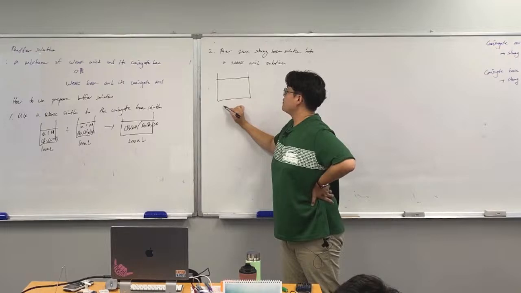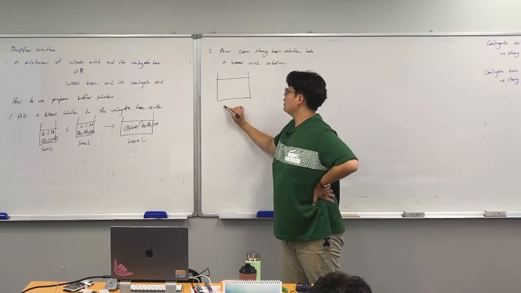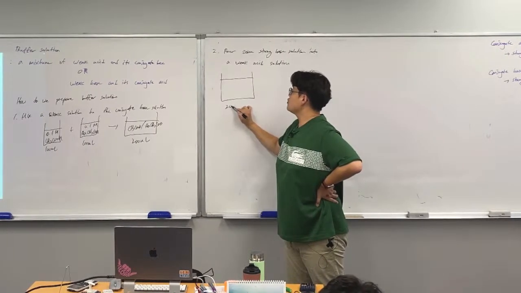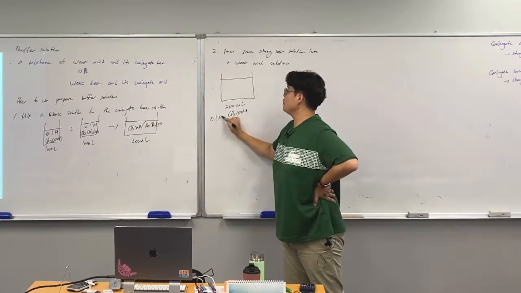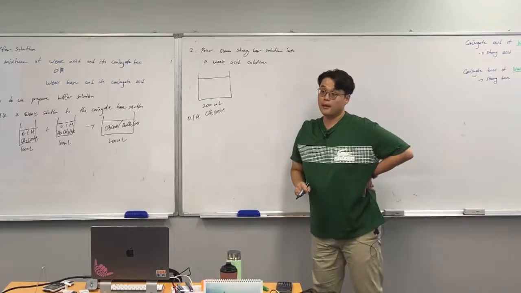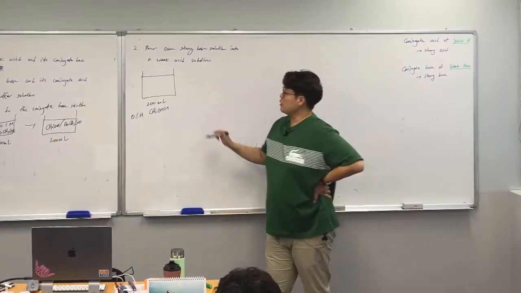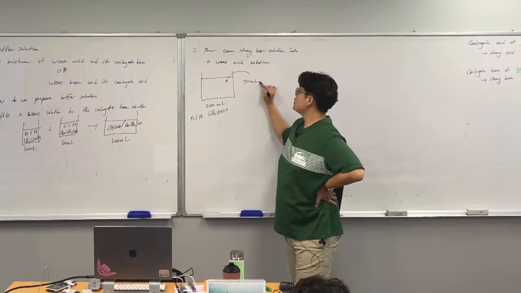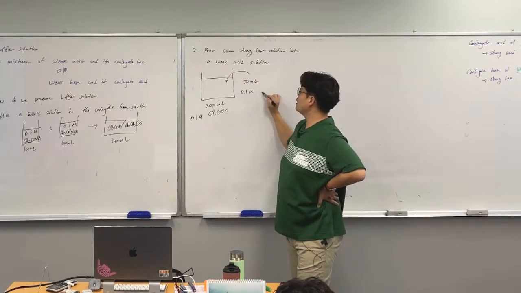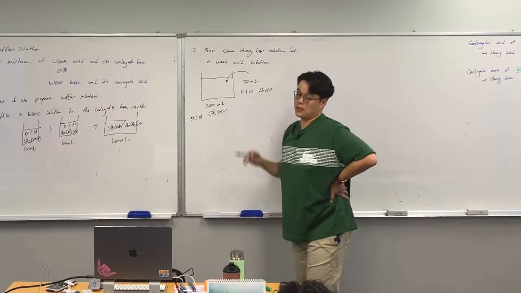Assume that we have, say, 200 mL of acetic acid, and that's 0.1 molar acetic acid here. What I do here is add 50 mL of 0.1 molar sodium hydroxide.